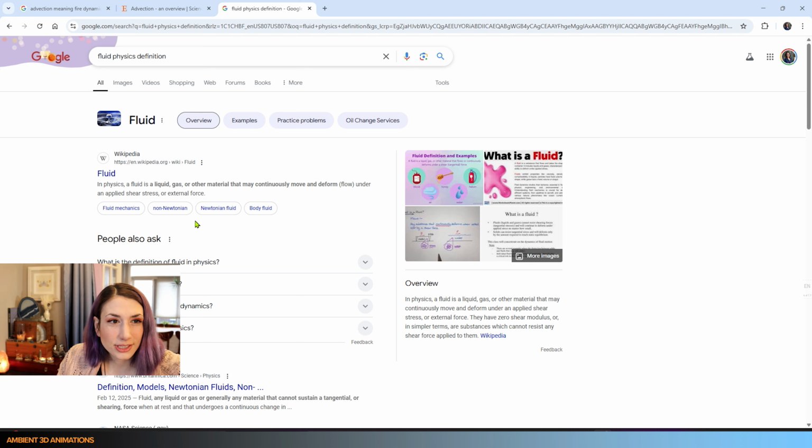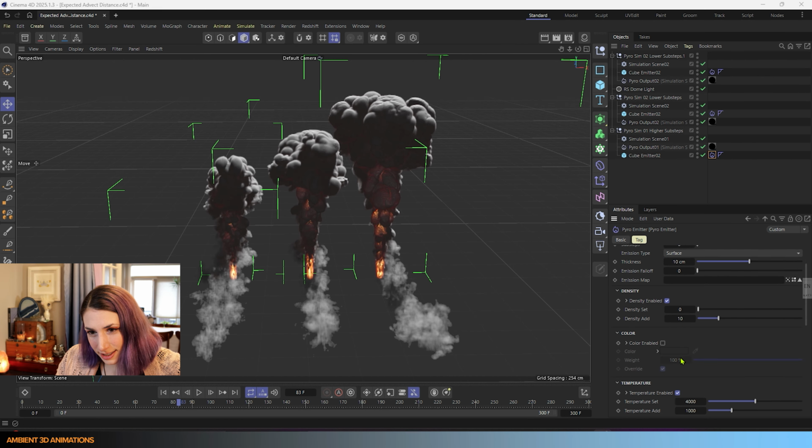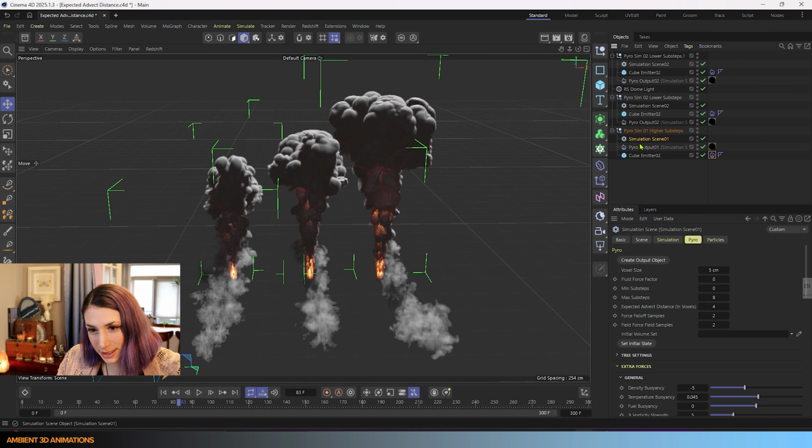And then we also need to know what advection is, because this setting here inside of our simulation scene is called expected advect distance. And we're talking about voxels. And if you've been here on this podcast, you'll know that voxels are basically a 3D pixel.